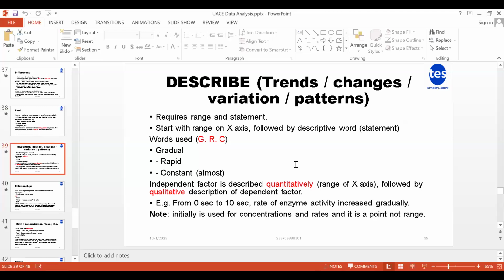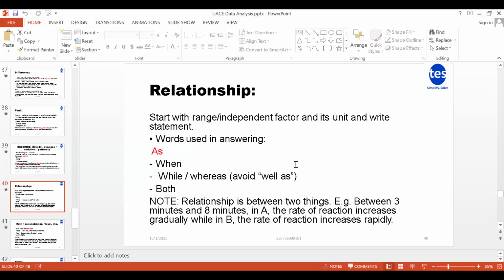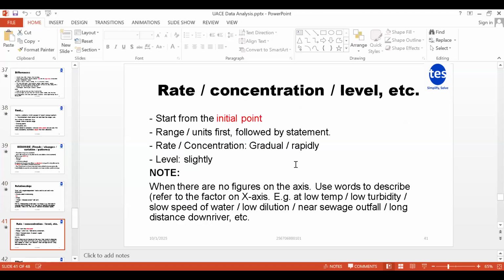And then describing trends and changes, I think we talked about that already. Relationships we did. And then rate, concentration, and levels. This one said we start from the initial point. And then range, units first, followed by statement. So we said x-axis first, then followed by the y-axis.